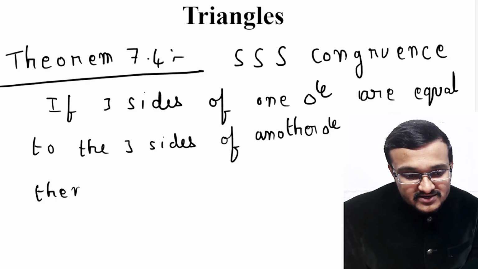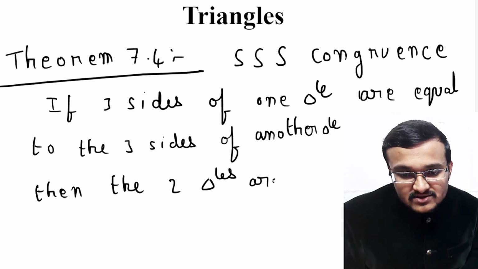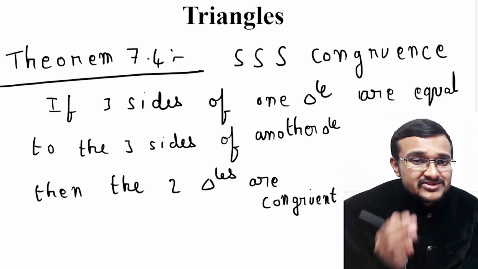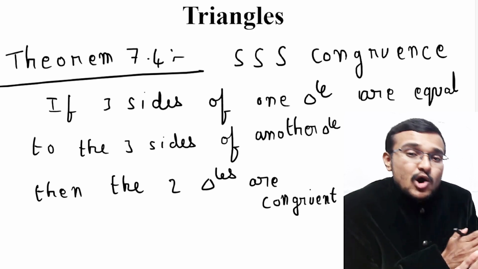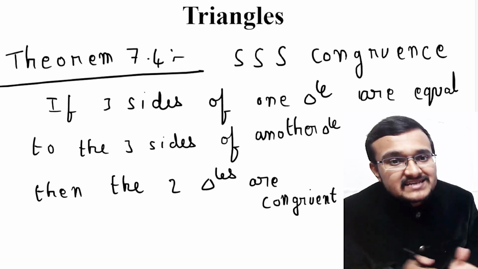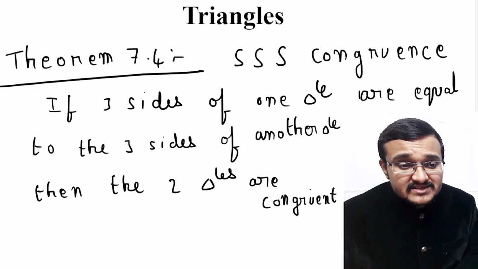So if all three sides of one triangle are equal to all three corresponding sides of the other triangle, then those two triangles are congruent with each other.